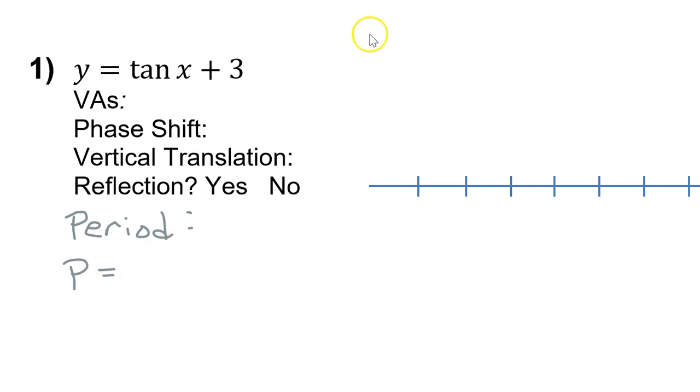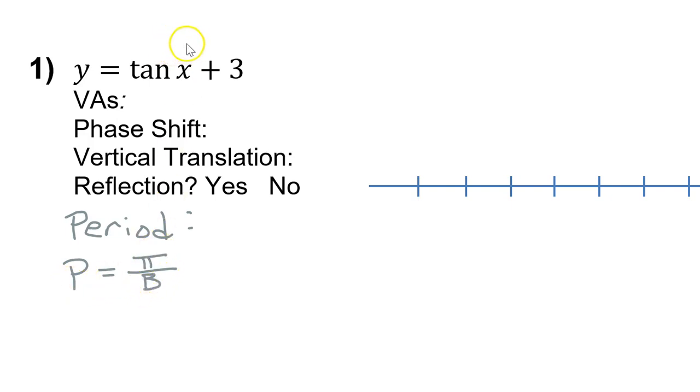When we were doing cosine and sine, we would do 2 pi over b. But the normal period for tangent is just pi, so the period for tangent will be pi over b.